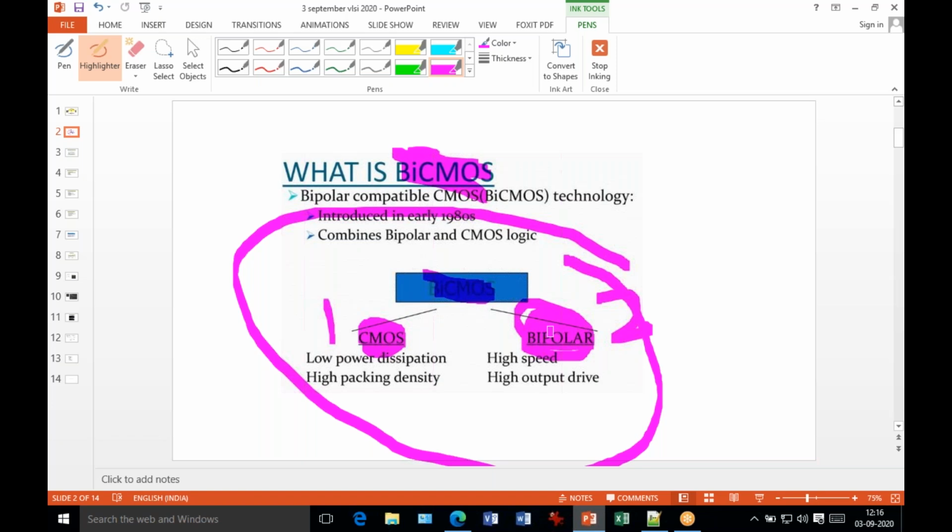I will also discuss the performance parameters, what equations are available in this technology, and how the performance is better. Because we are engineers, we have to go for analysis. Without analysis, I cannot say my performance is better. So the analysis is very, very important. Then you can conclude that this is a better technology compared to CMOS technology.